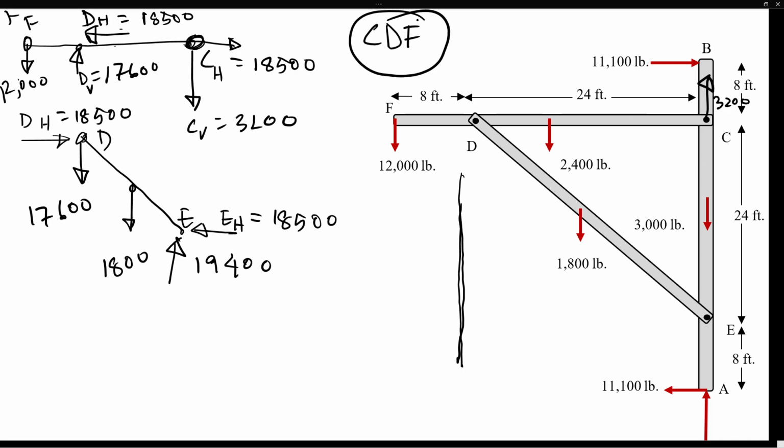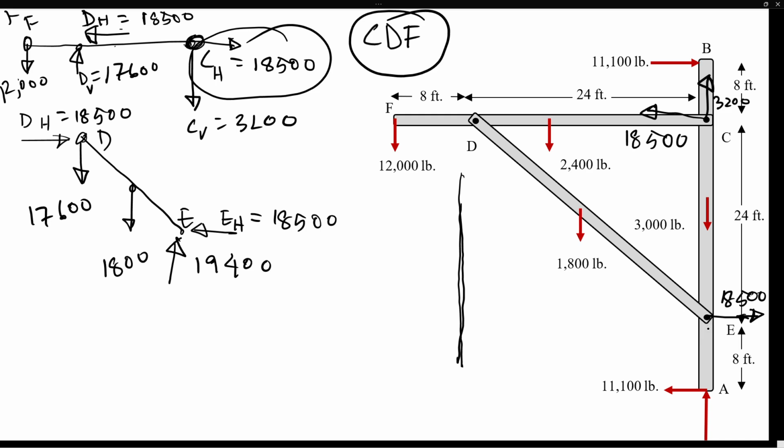Now CH, the horizontal, was acting to the right direction. Therefore, it's going to be to the left direction, so it's going to be 18,500, same thing. Now at E, for the DE member, the EH horizontal was acting to the left. So now for the other member, AECB, it's going to be to the right direction, which is 18,500.